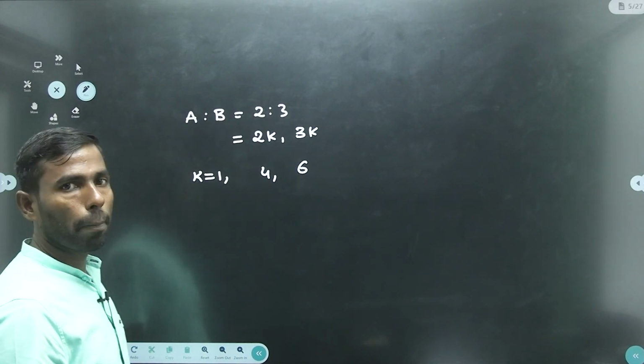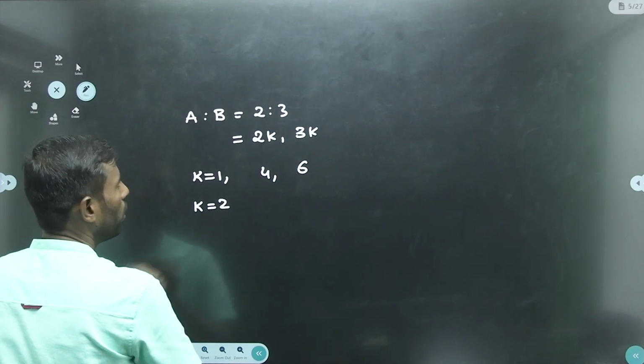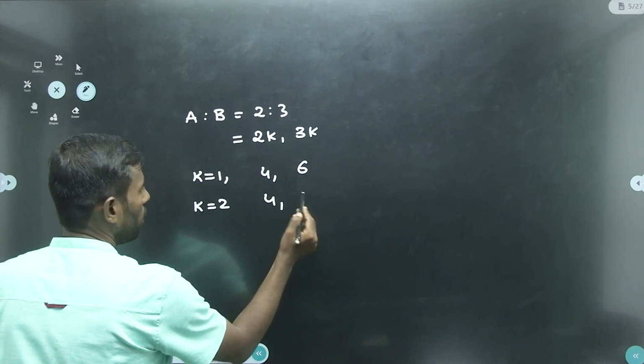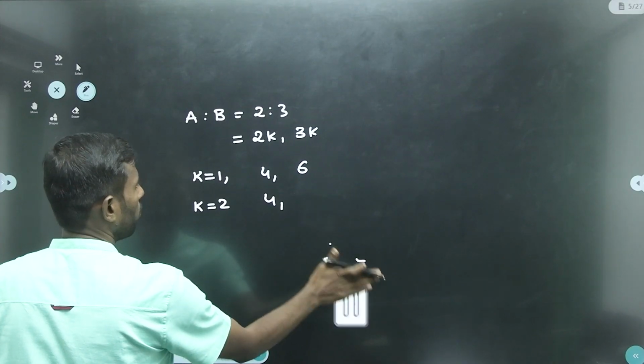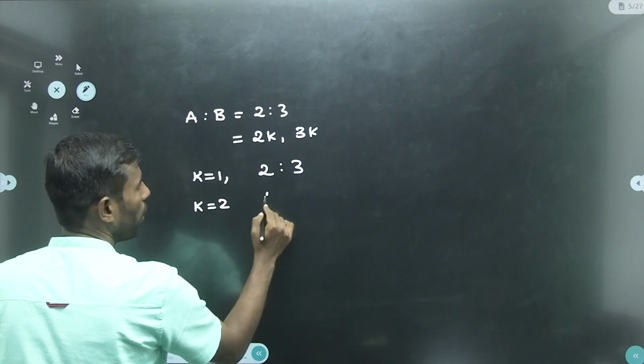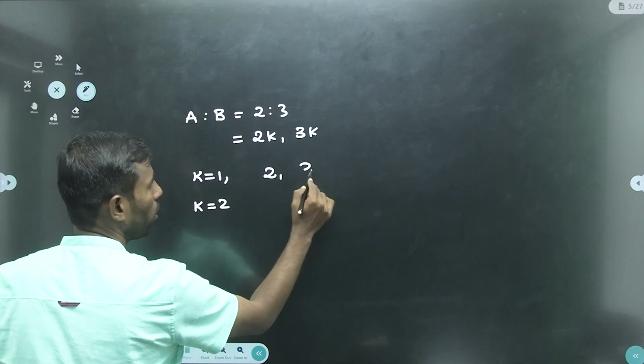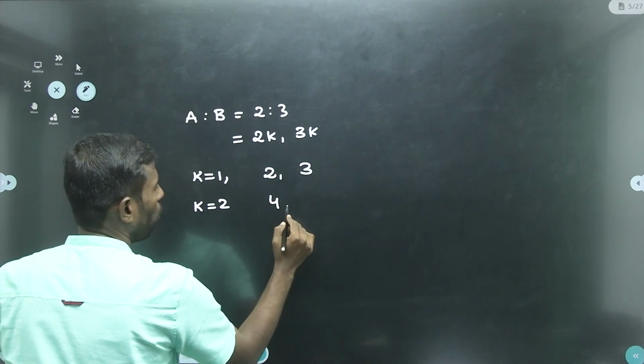A can be 4, B can be 6. If you take K equal to 1, it is 2 is to 3. It is 4 is to 6.